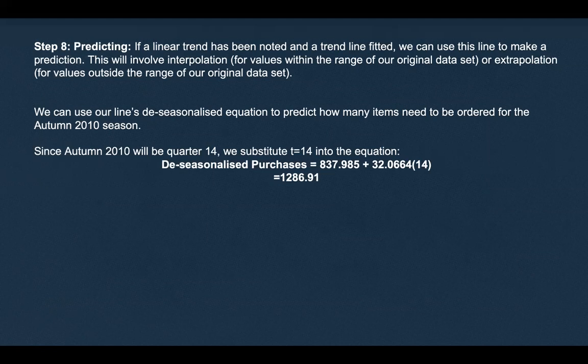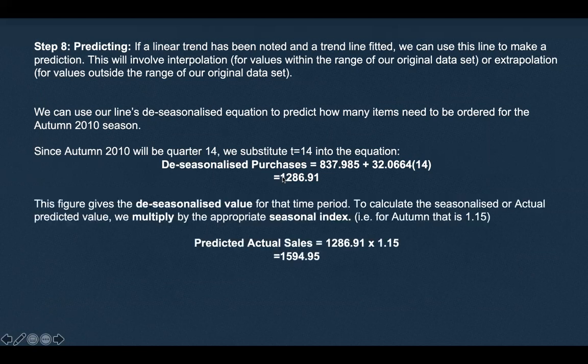Here we've calculated our deseasonalized purchases. It's important that we don't round this value yet because we're not finished. This figure gives the deseasonalized value for that time period, and we want to calculate the actual predicted value. To do this, we multiply by the appropriate seasonal index.